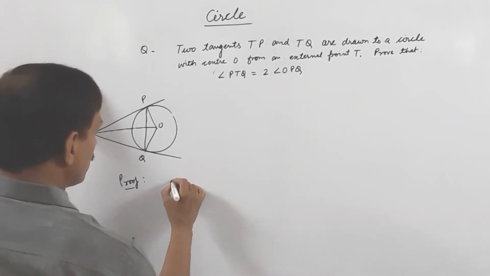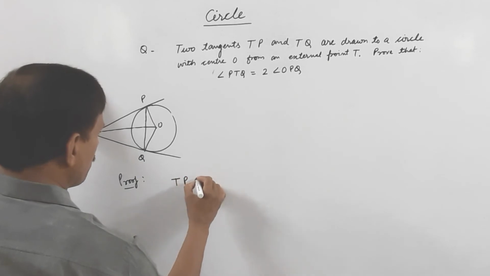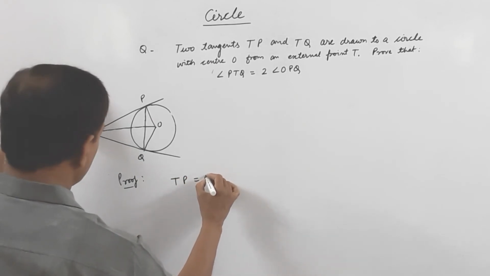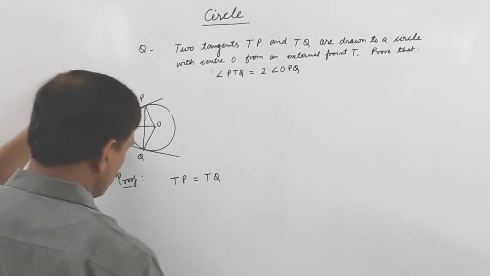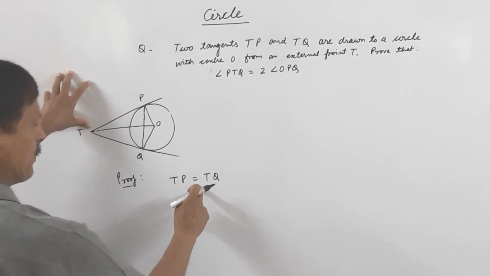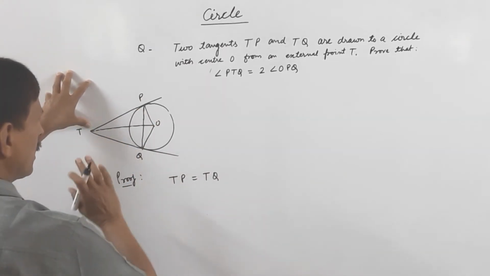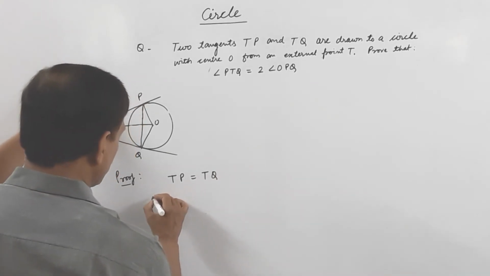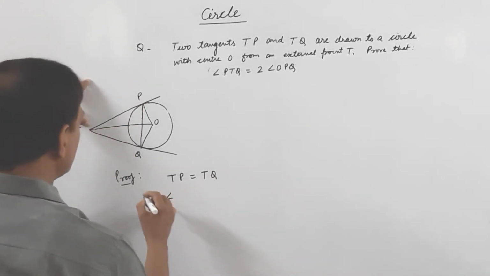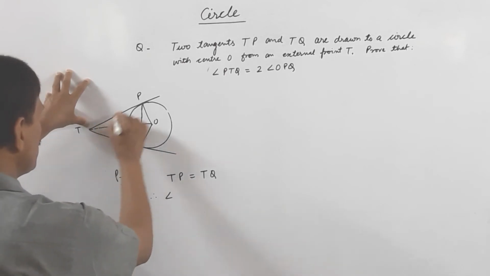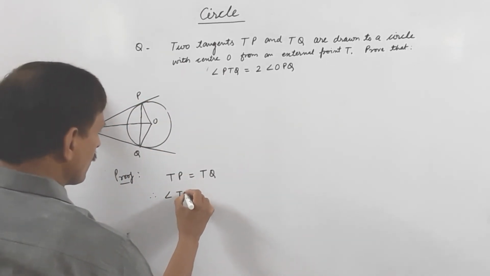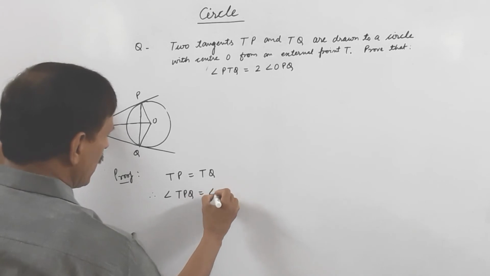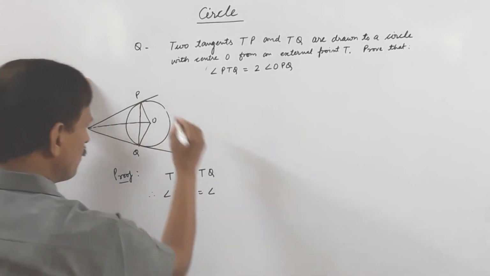Here we have TP is equal to TQ, two tangent segments from exterior point are of equal length. Therefore, angle TPQ is equal to angle TQP.